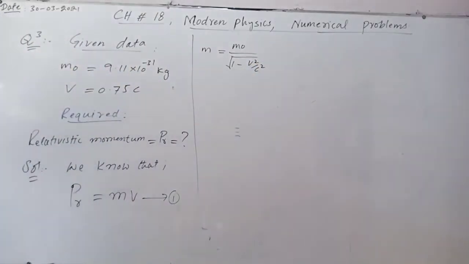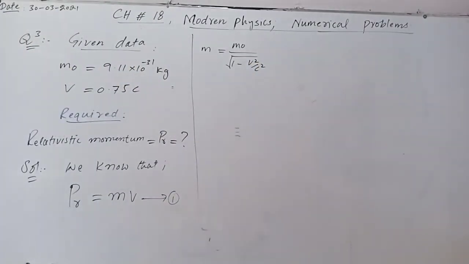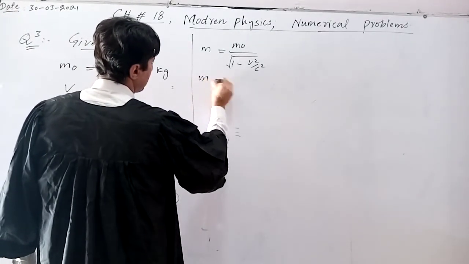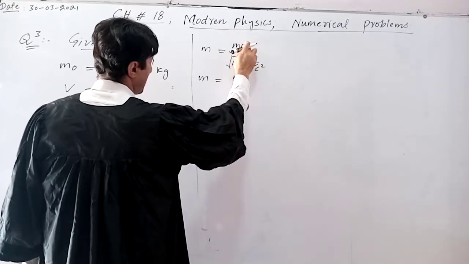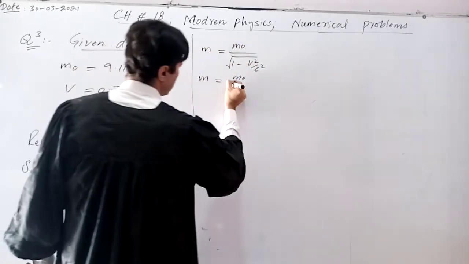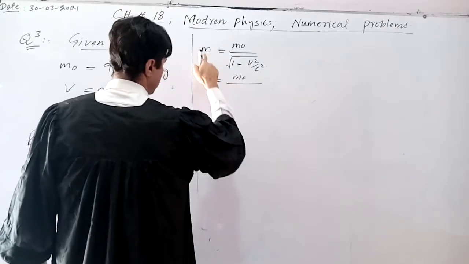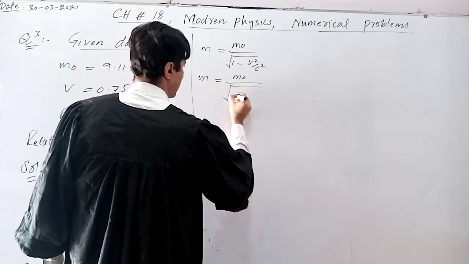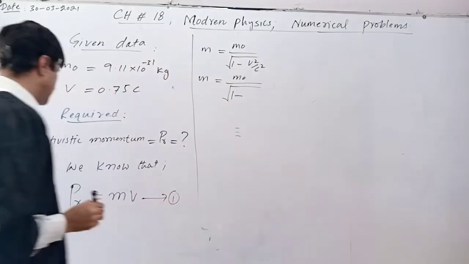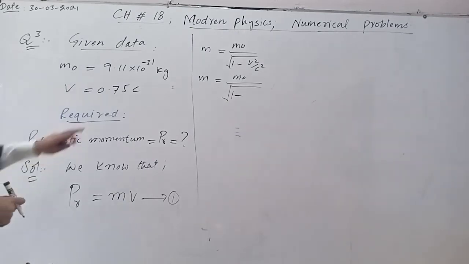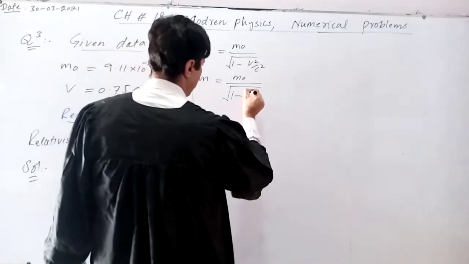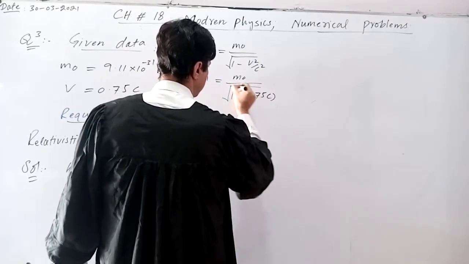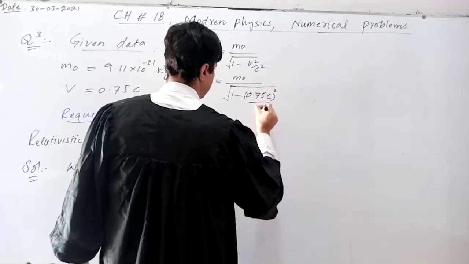So all these values are given. m equals m naught, which is the proper mass, divided by the root. This m is the dilated mass, also known as relativistic mass. 1 minus, what is the value of v? v value is 0.75 c, whole square, because this is v square divided by c square.